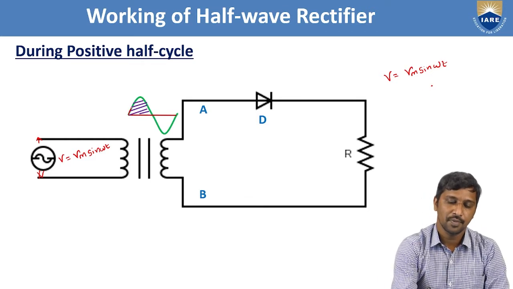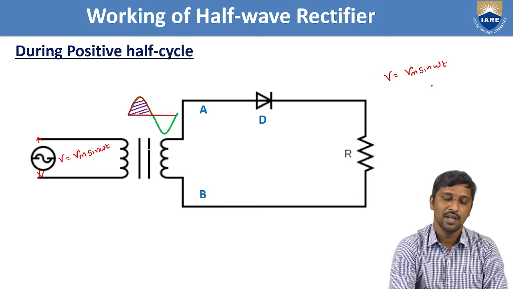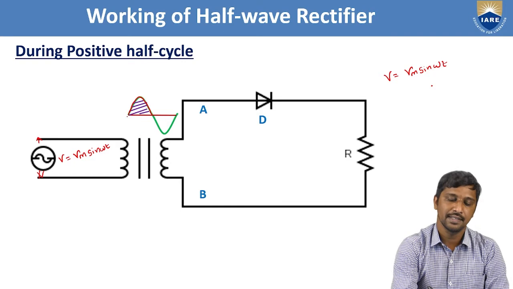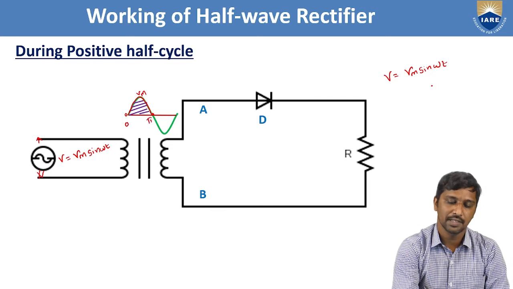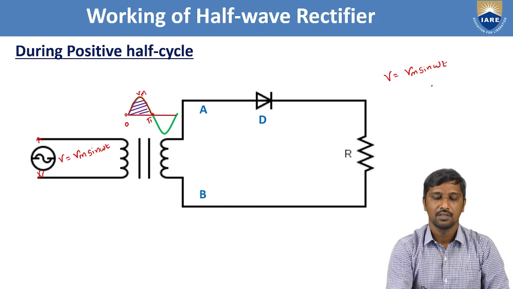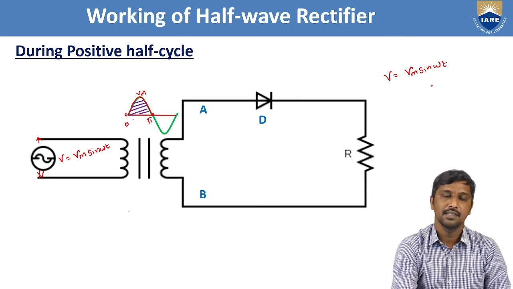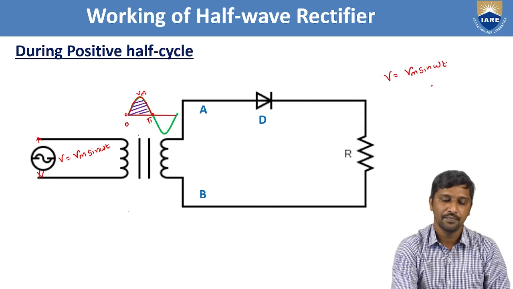Let us see what happens when the input signal changes from 0 to Vm and again from Vm to 0, that is, in the 0 to pi duration.